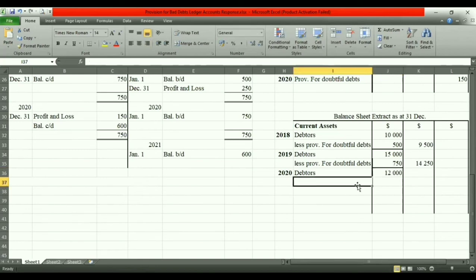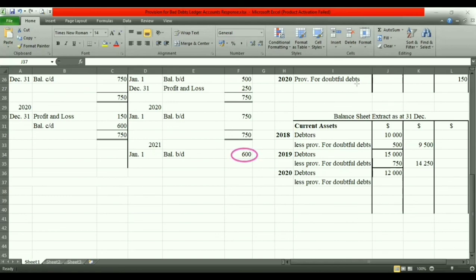And from that debtors figure, we're going to less the provision. Remember, what we're doing is just an extract. We're showing how we treat the provision in our balance sheet. Now we're going to pick up the balance coming out of the provisions account for 2020, and that is 600.